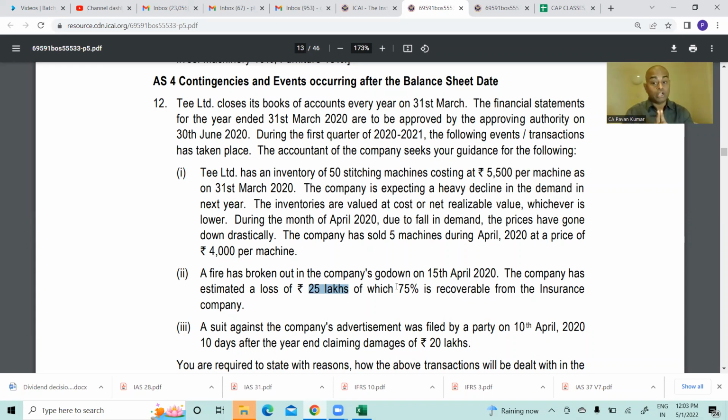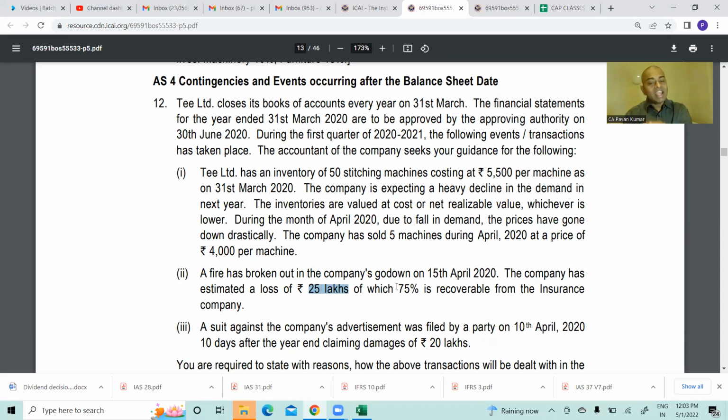But hold on for a second. Did you communicate it with insurance authorities? Have they visited your premises? Have they approved the loss? Have they accepted your claim? You lodged the claim. Have they accepted it? Have they given in writing that 75% we are going to pay?